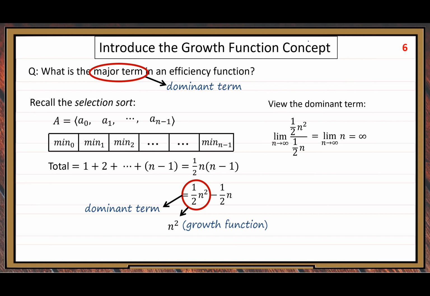Whichever algorithm has the larger growth function will be slower, because it needs more basic operations than the algorithm with fewer basic operations. That's the reason we use the growth function concept.